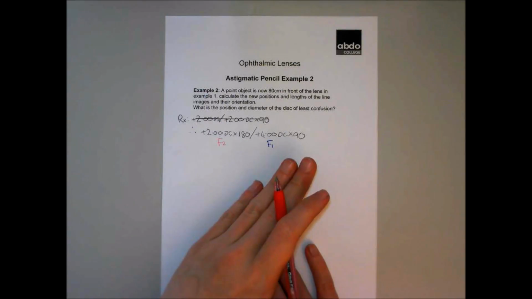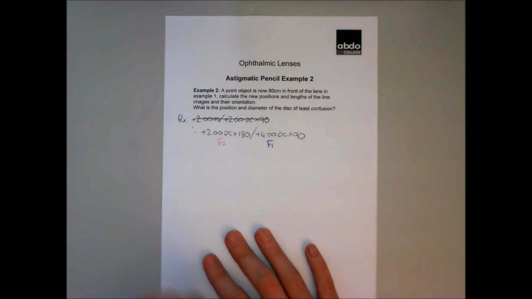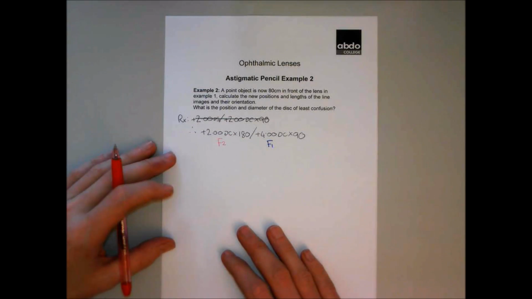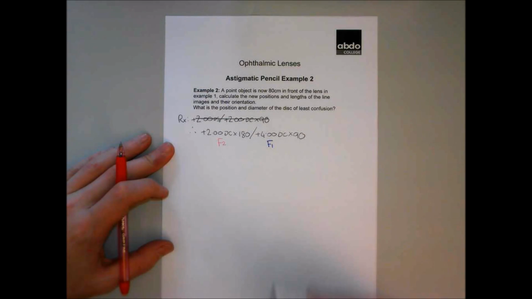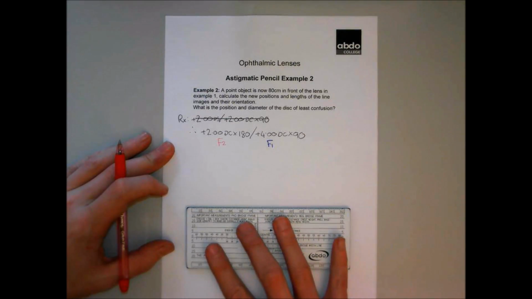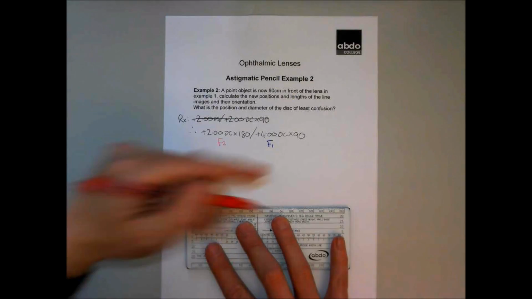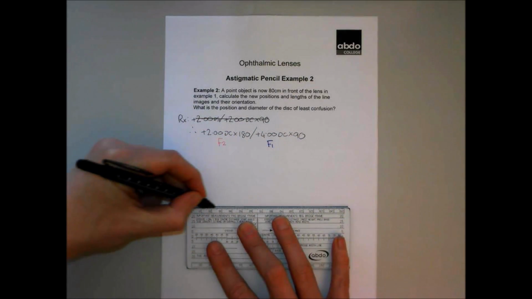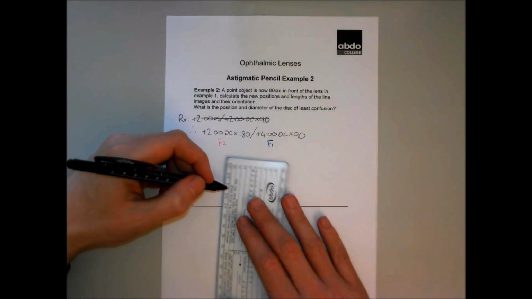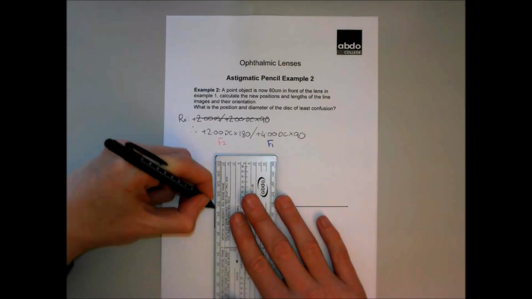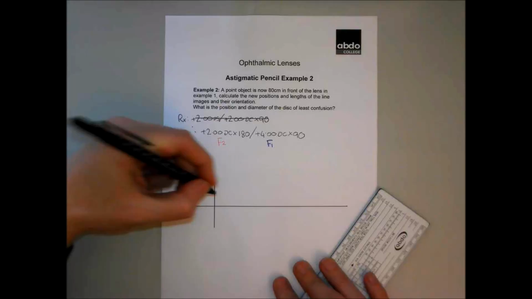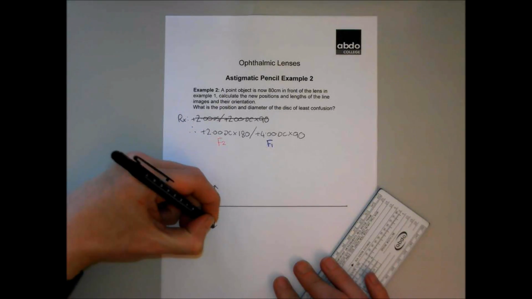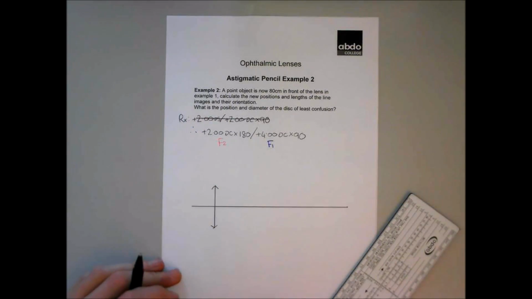So I'm going to use blue for everything to do with F1, and red for everything to do with F2. Now I'm going to put my diagram together, and I'm going to use quite a lot of page for this. You don't have to, by all means. So it starts with our axis, and over on the left of our axis I'm going to draw my lens, and I'm not going to draw it huge because I don't want a massive diagram.